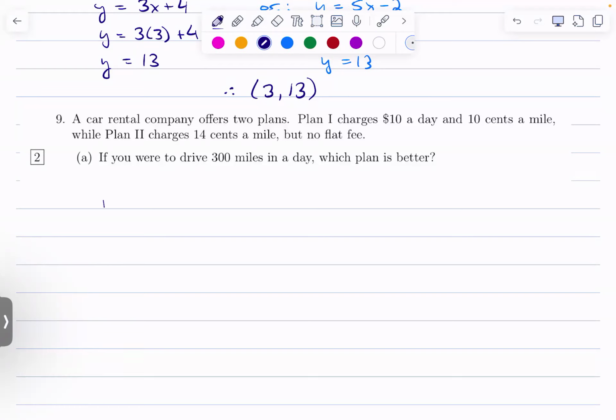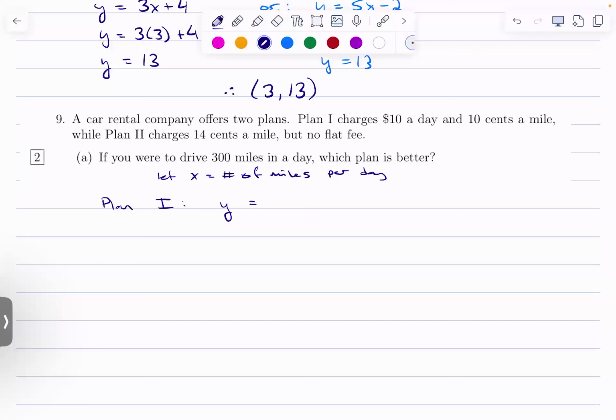And so Plan 1 looks like what? The overall fee, let's call it y. Let x be the number of miles per day. So for each day, oh yeah, if you were to drive 300 miles in a day, there it is.